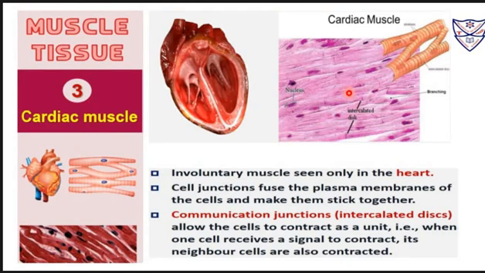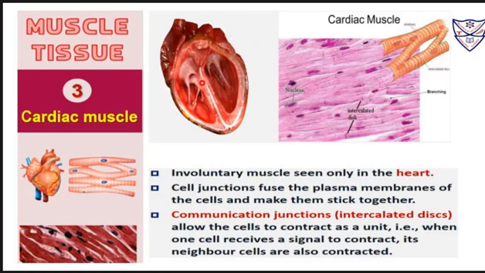The next type of muscle is our cardiac muscle. As the name is telling you, cardiac is the scientific name relating to our heart. So again, this muscle is also an involuntary muscle. We cannot control our cardiac muscle, right? The heart beats on its own. So it is an involuntary muscle seen only in the heart.